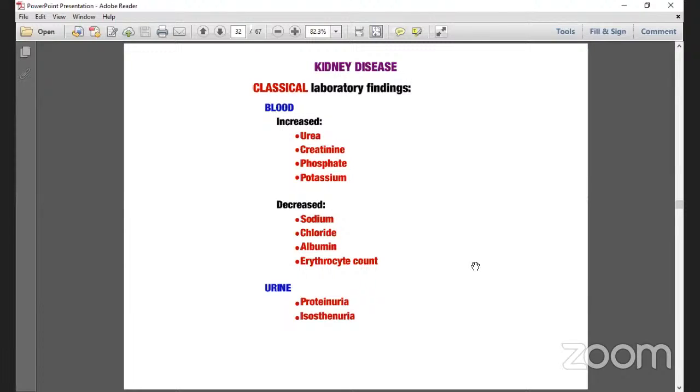There will be a decrease in sodium and chloride because they cannot be reabsorbed back, and albumin and erythrocyte count decrease. Then we will see proteinuria and isosthenuria. So these are the classical findings that are related.